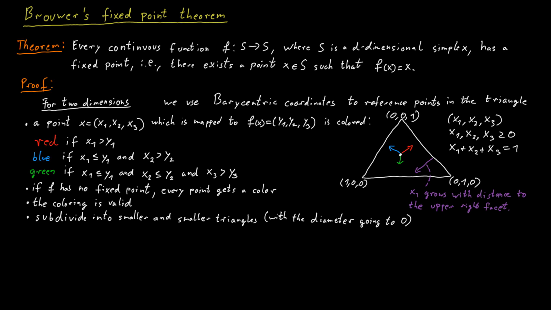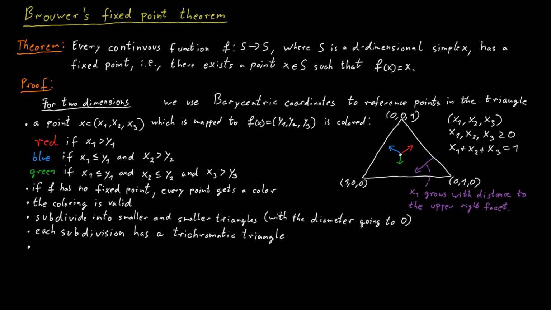We know from Sperner's lemma that each of those subdivisions in this sequence must have a trichromatic triangle in it. So there must be a small triangle in each of those subdivisions that has all three colors at the three corners.